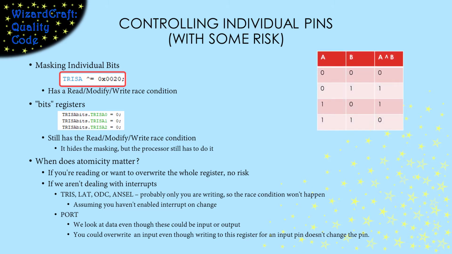If you XOR anything with 0, you'll get back the original value. So the bits that have zeros in our mask will not affect the values of TRISA. If you XOR anything with 1, you get the opposite of the original value. So this statement is flipping the state of one bit on TRISA.